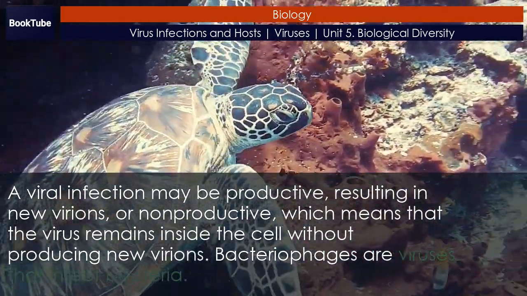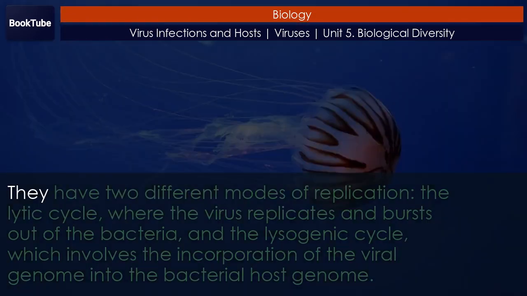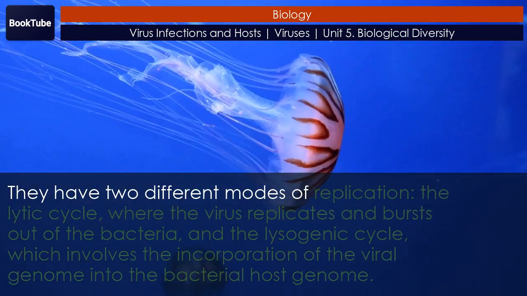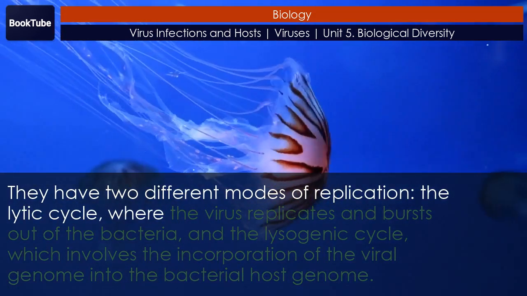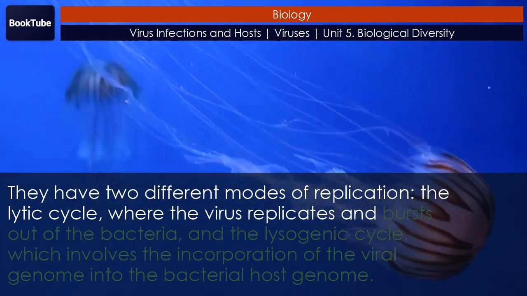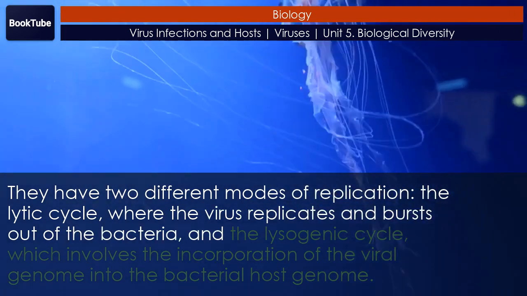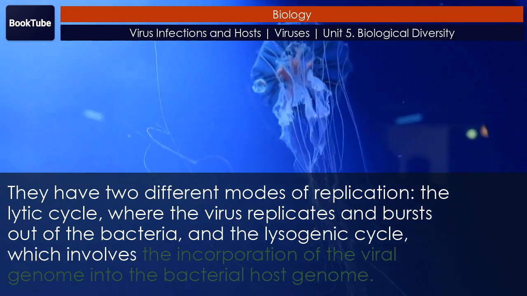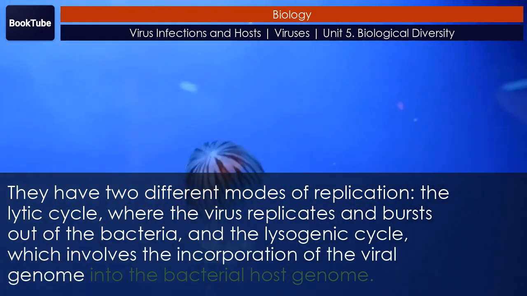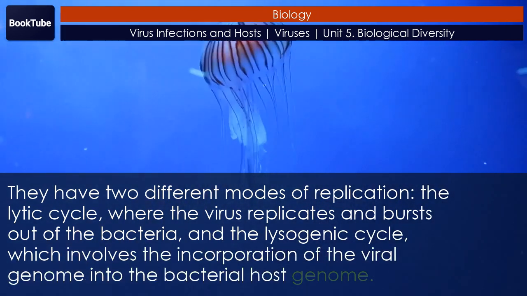Bacteriophages are viruses that infect bacteria. They have two different modes of replication: the lytic cycle, where the virus replicates and bursts out of the bacteria, and the lysogenic cycle, which involves the incorporation of the viral genome into the bacterial host genome.